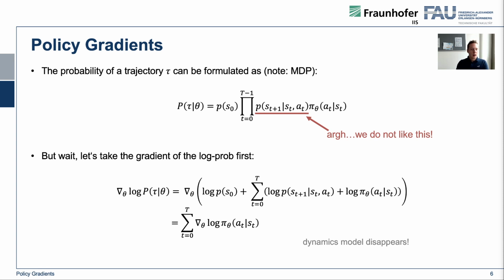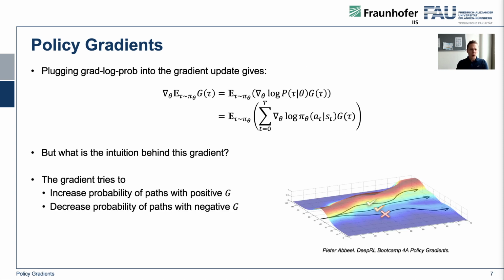So the gradient of the log probability of a path is simply defined over the policy, over the actions that we took. The dynamics model disappears, and we get an unbiased sample of the gradient of the probability of the distribution over the trajectories.